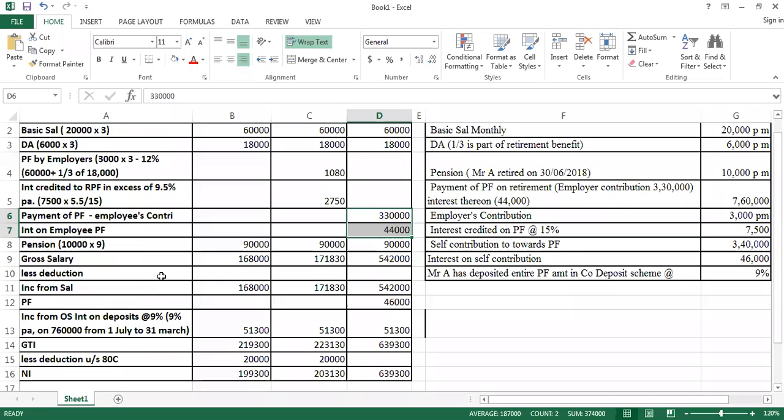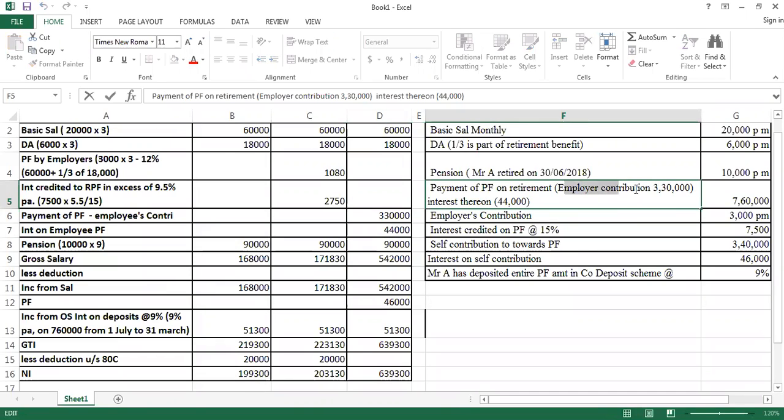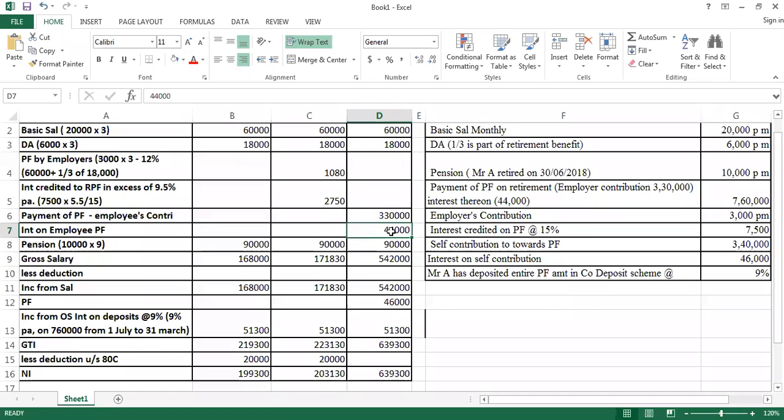Here I have taken only 3,30,000 because this is what I have received from the employer. This is the employer's contribution. Only 3,30,000 is what I have mentioned here, and the interest on that 3,30,000 is what I have mentioned here. So only these two values have to be considered here. The other value should not be considered in this particular segment. We'll have to consider it somewhere else.